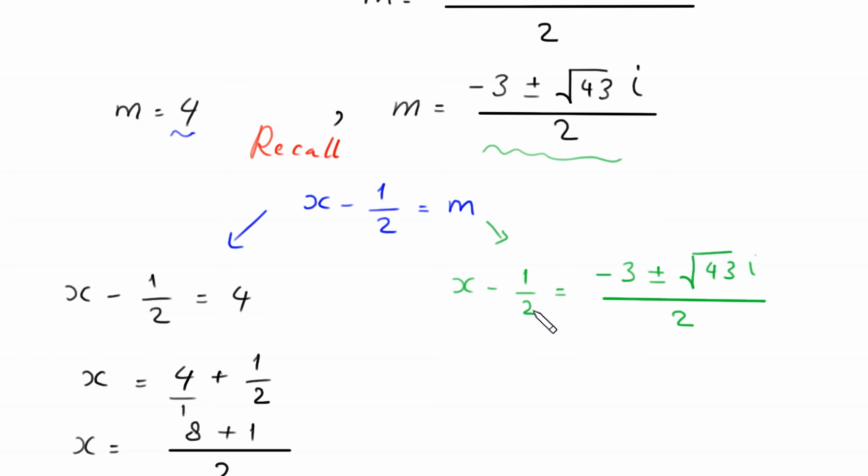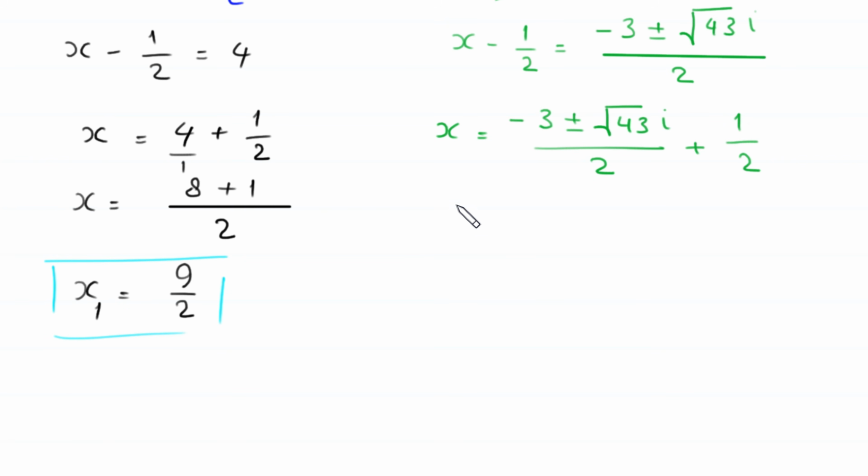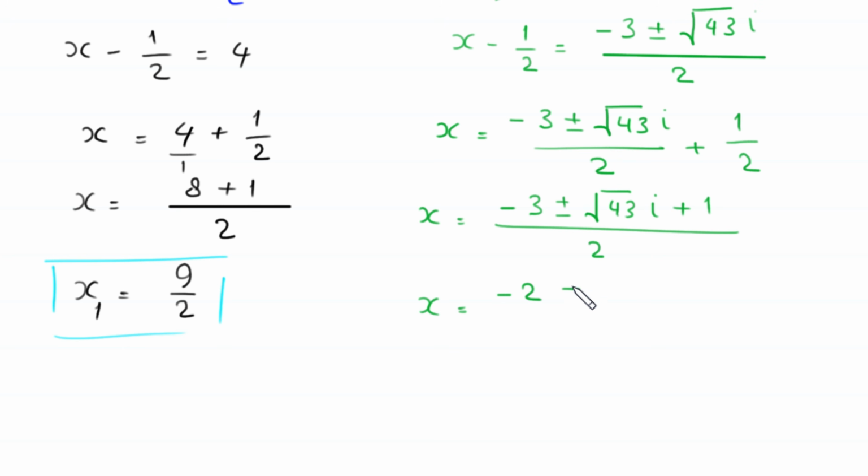We move this negative 1/2 to the right-hand side, so x = (-3 ± i sqrt(43))/2 + 1/2. Next, we write the common denominator 2, so x = (-3 ± i sqrt(43) + 1)/2. Then -3 + 1 is -2, so x = (-2 ± i sqrt(43))/2.